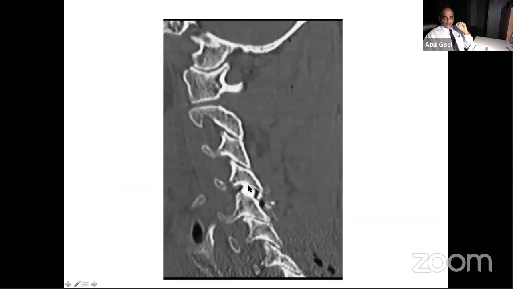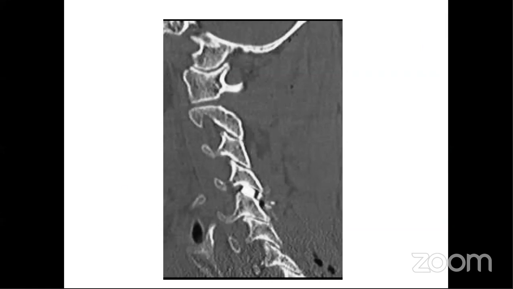So we introduced these spacers inside the facetal articulation and stabilized the facetal joint without doing any decompression. So this is the concept I'm giving you for today. Tomorrow, I will give you another.